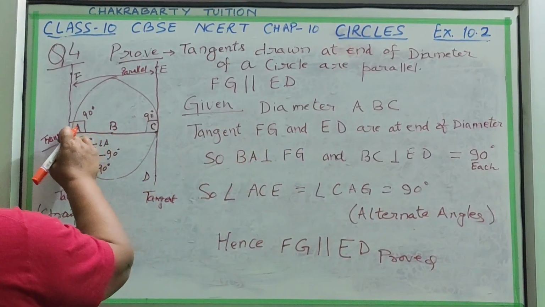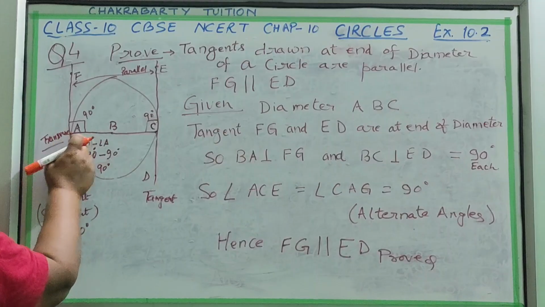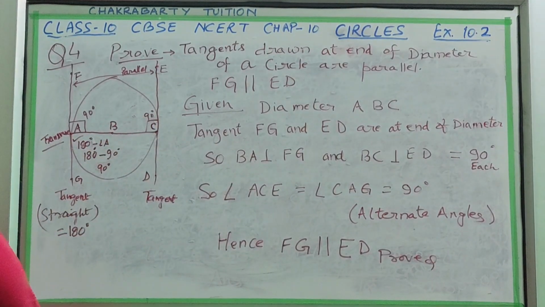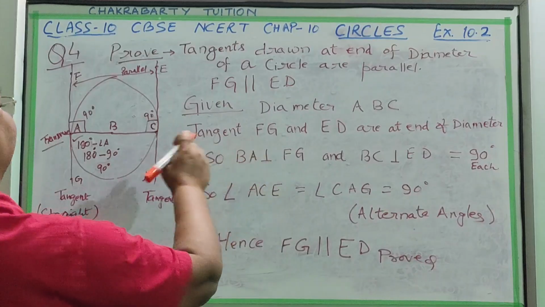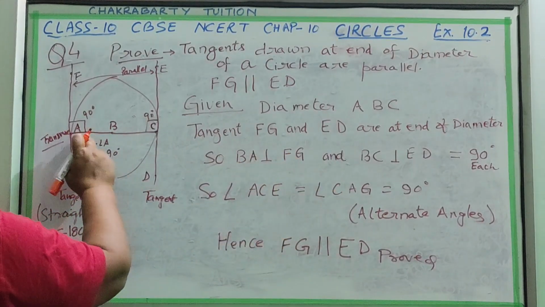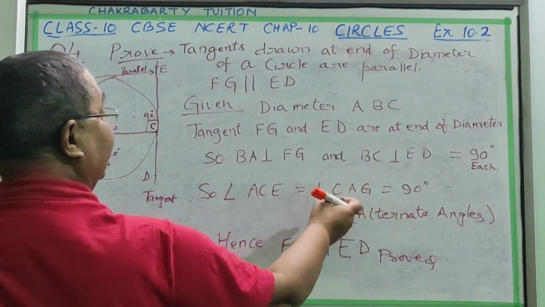Here also BA is perpendicular. Perpendicular means that this side or this side always makes a 90 degree angle. We had not taken this side earlier, we just took it to make it 90 degrees. Here this alternate angle and this alternate angle are both equal. Alternate angles are equal.